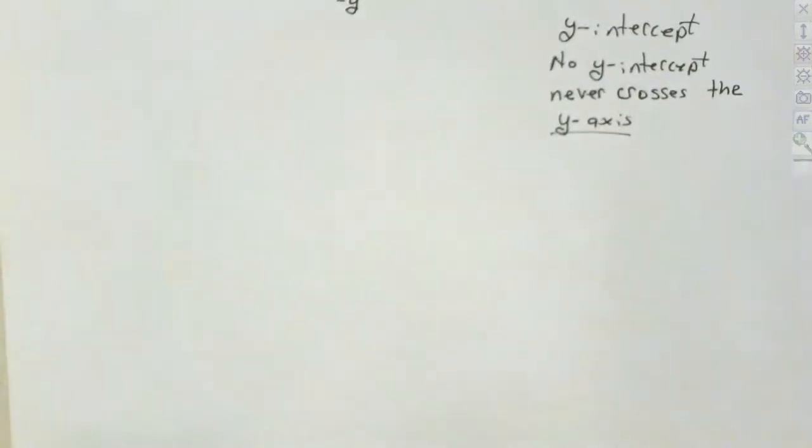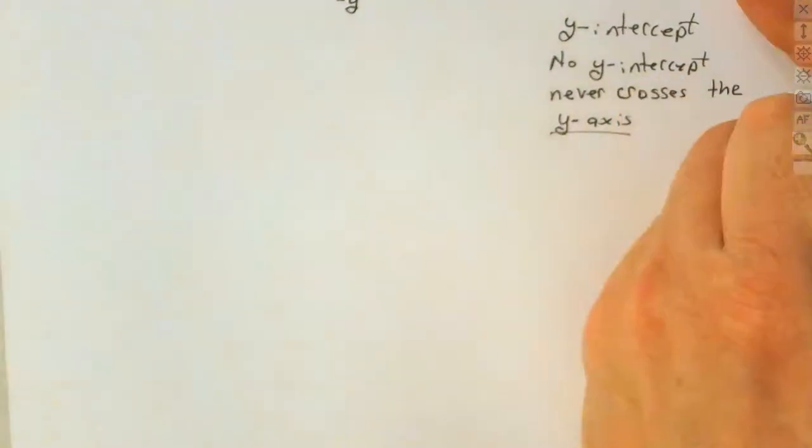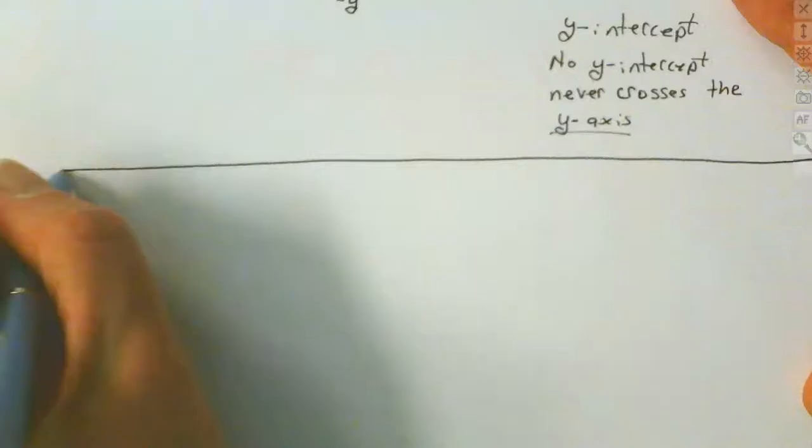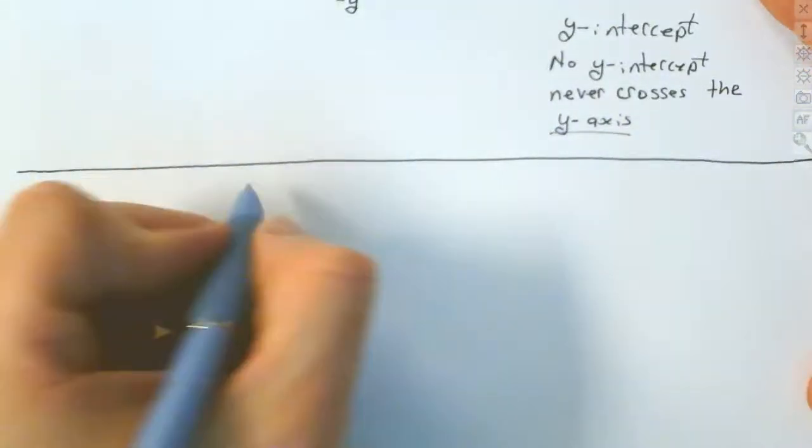So for some of these now, I'm not going to give you ordered pairs. You're going to have to find the intercepts yourself, and you're going to have to graph the line.